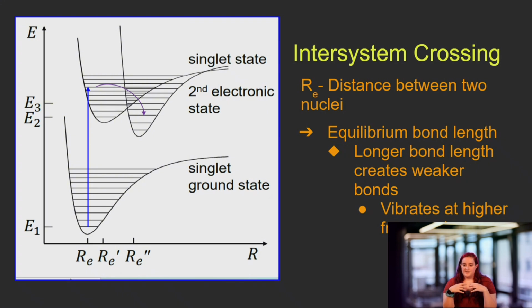A longer bond length can create weaker bonds, and it can change the wavelength of the photons that are emitted back out. And this is thought to be why these molecules will absorb, say, UV light at a relatively high wavelength and then spit back out visible light at a lower wavelength.